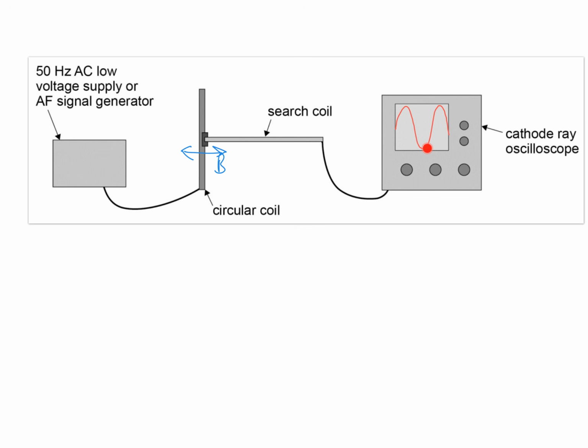In other words, it's observing that change in magnetic field because the EMF in the search coil is equal to d phi by dt. There is a minus sign in there, of course, which is the same as d by dt of BA, the rate of change of magnetic field times area, which is flux.